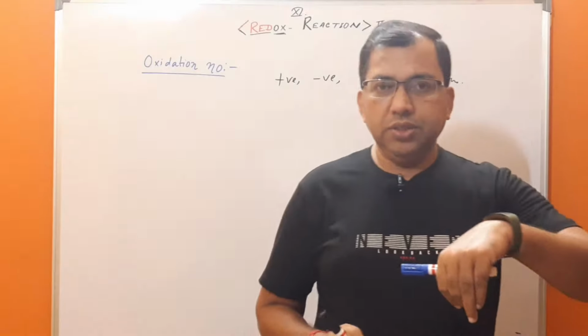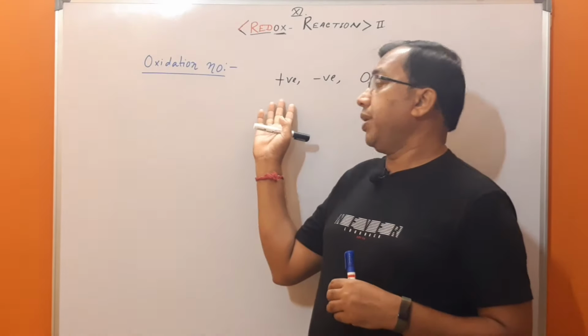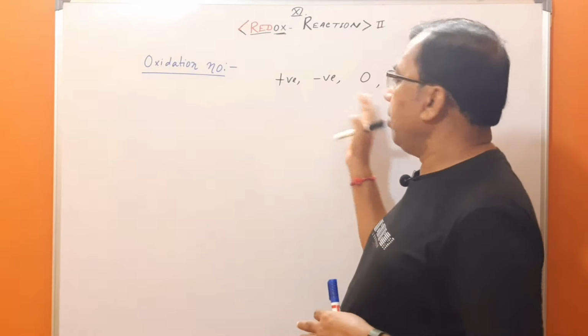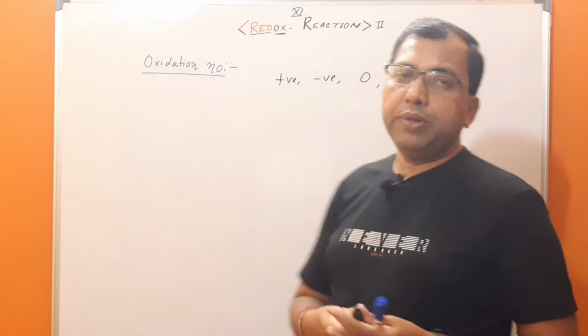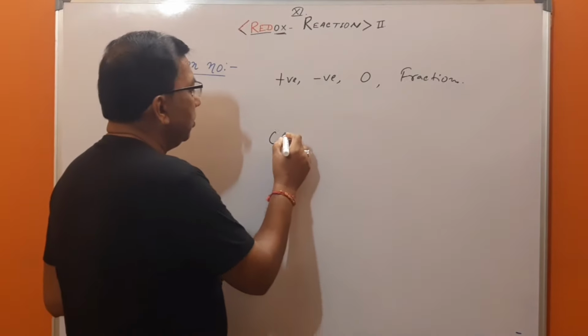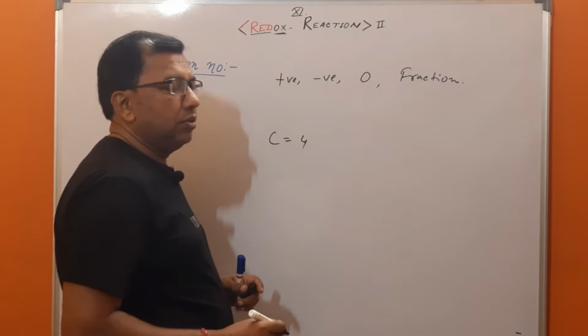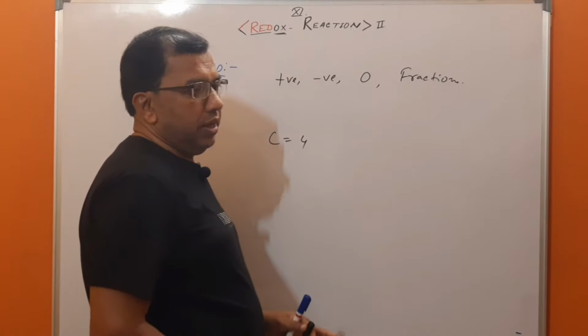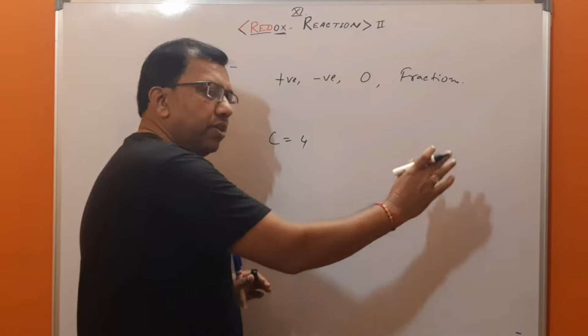Valency does not change with change in oxidation number. For example, the valency of carbon is always 4, but the oxidation number of carbon in different compounds is different.